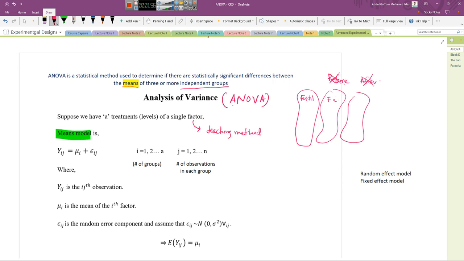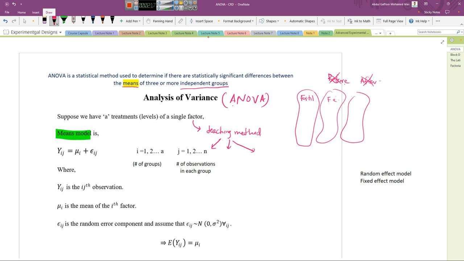Now we have to perform research to find out the effect of teaching method on students' performance in the examination. Let's assume this scenario. The teaching method can be different methods, right? The teachers may adopt different methodologies for teaching.